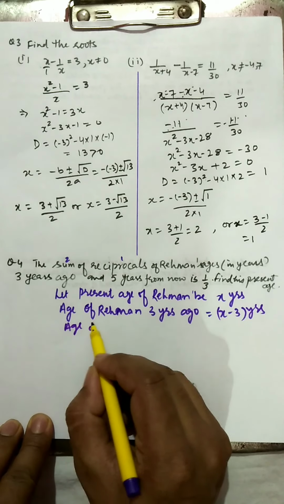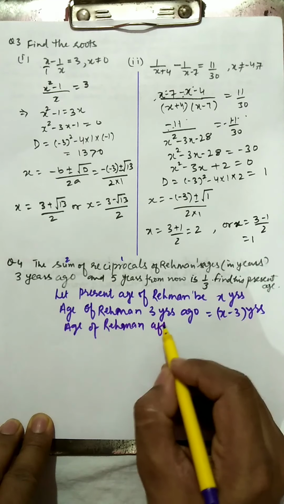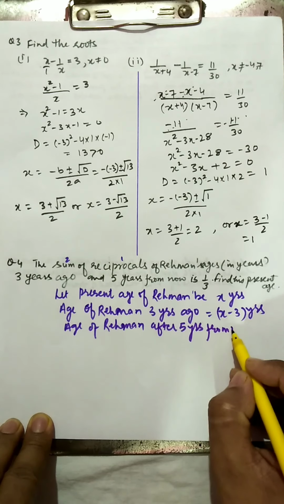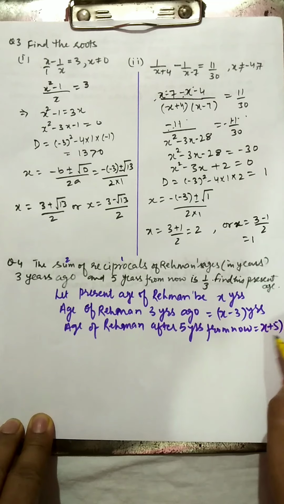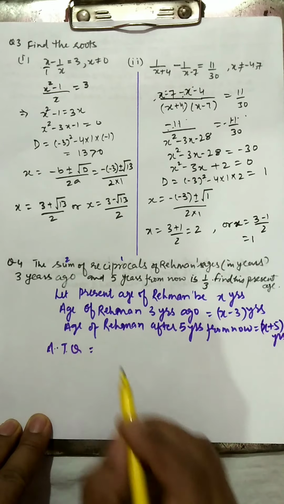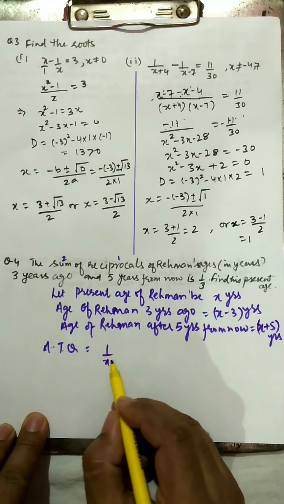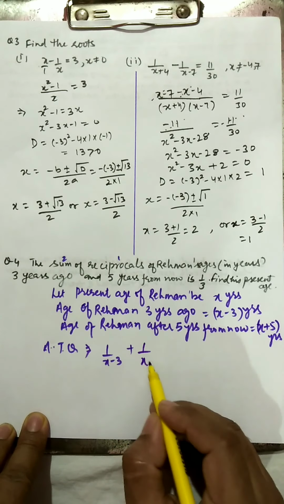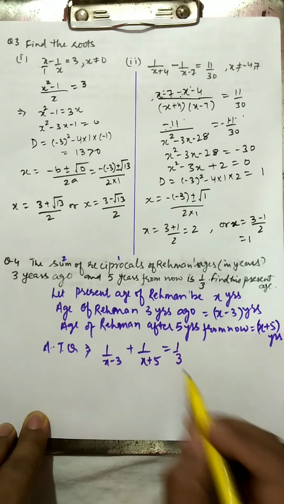Age of Rahman after 5 years from now will be X plus 5. Now according to question, you have to do the reciprocal first, means 1 upon X minus 3 plus 1 upon X plus 5, and that sum is going to be 1 by 3. So this is 1 by 3.